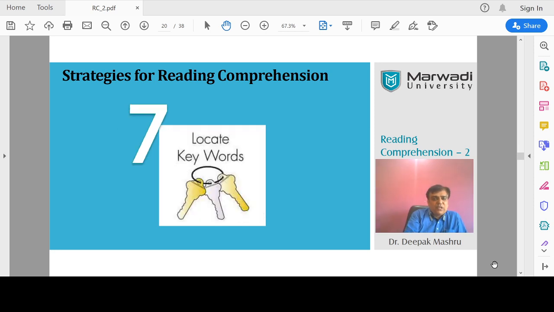Seventh point is look at keywords. For example, if your cousin brother is getting married, then for the last 2 weeks before the date of the marriage, your cousin would be a buzzing word, marriage would be a buzzing word, because every discussion would be around your cousin and the marriage.